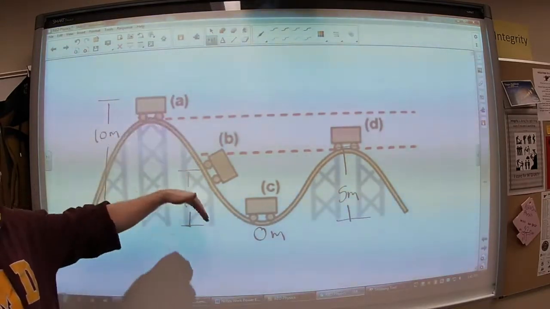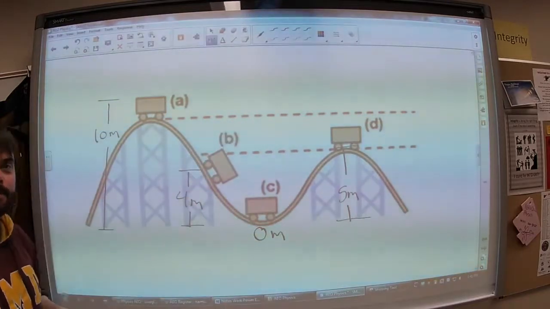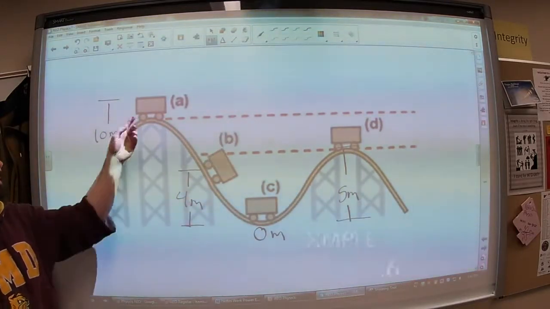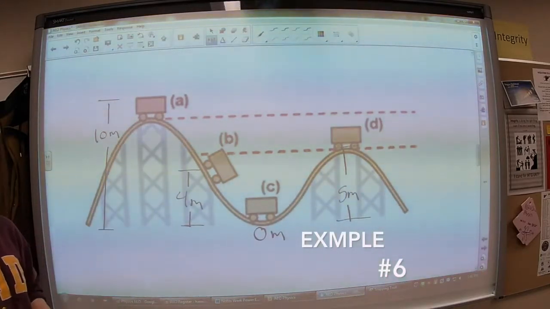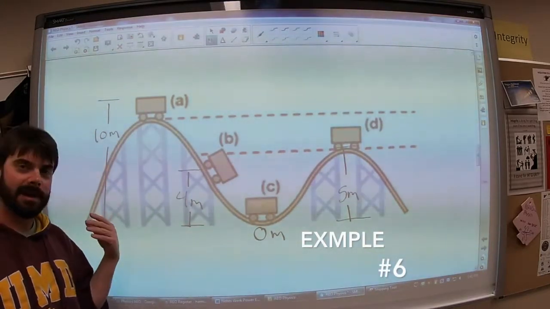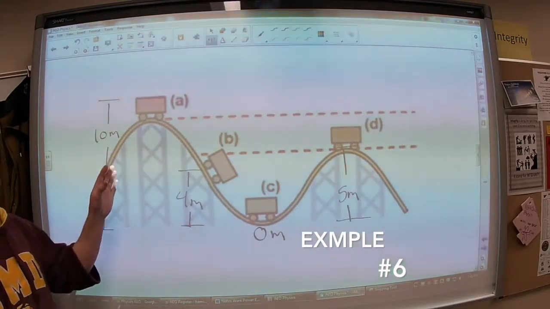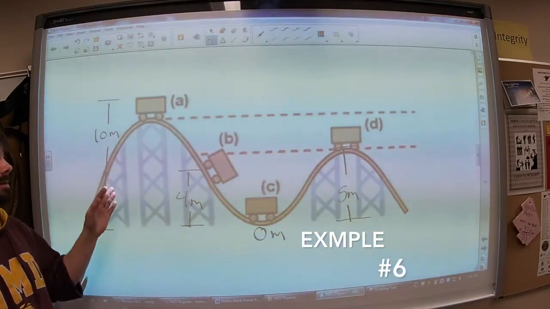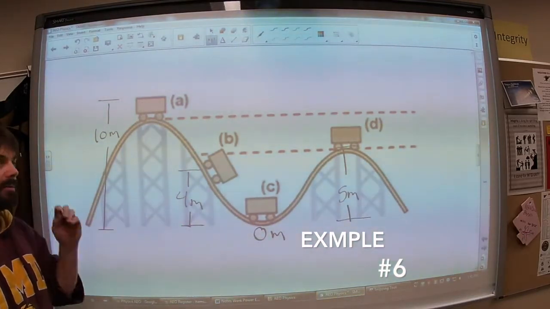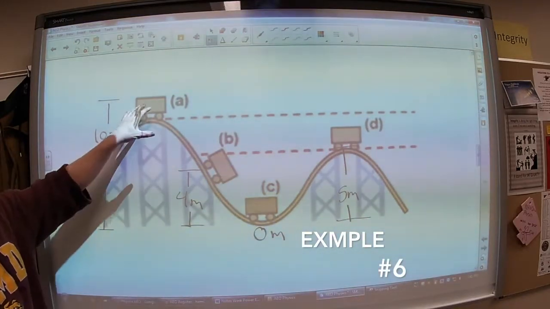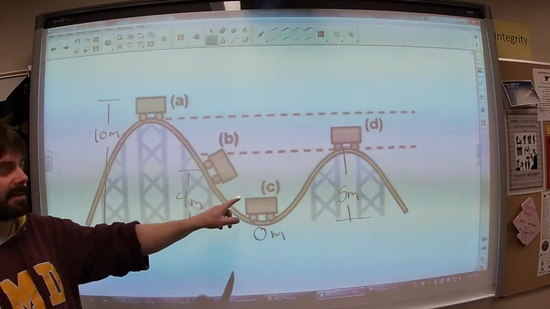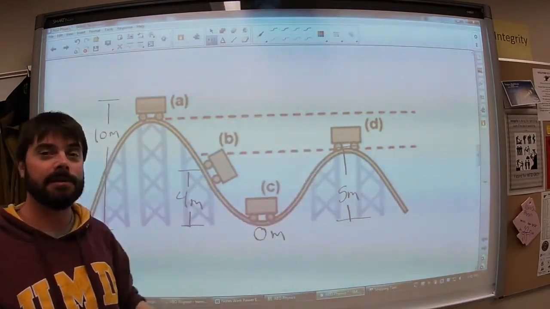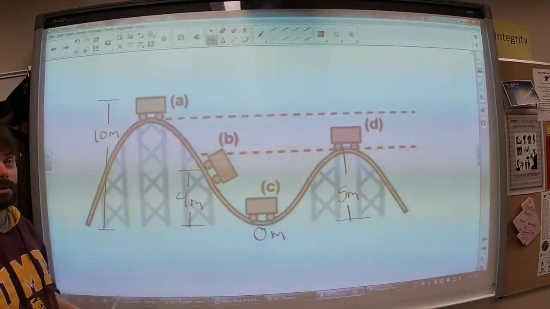Once it's here and it falls and goes up and down all the rest of the hills, it's using all of the conservation of energy from this. It loses some energy to friction as it rolls around on the track and the air passing by. But that's the only work initially, or the only energy put into it initially, is just that first portion. So if I start here with 1,000 joules, when I'm here, I still have 1,000 joules. I have 1,000 joules here and 1,000 joules here, if none of the energy is lost to friction.